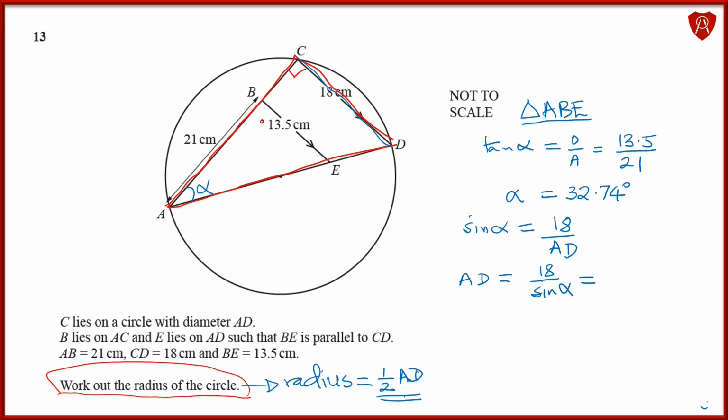We can use our calculator to calculate 18 over the sine 32.74 degrees, and we shall find AD is equal to 33.27. Our radius therefore is 16.6 centimeters. We write it in that space.